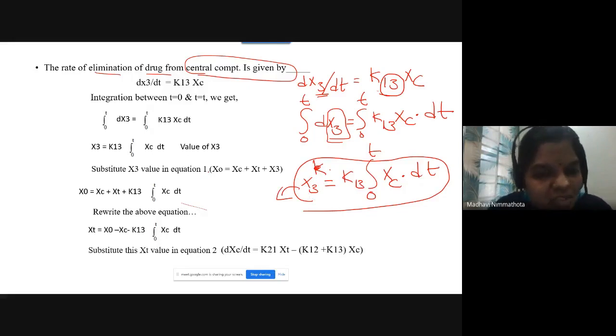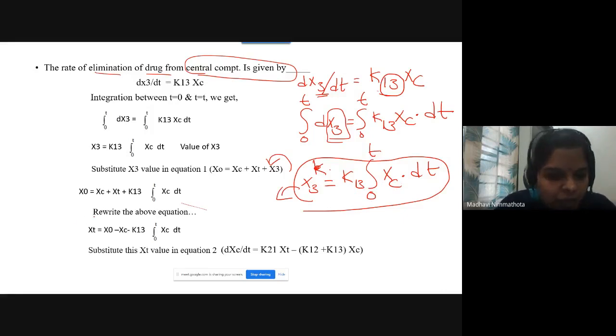What is the first equation? X0 equals XC plus XT plus X3. So you need to substitute this X3 value in this equation. Then you will get the equation like this. X0 equals XC, XT, and instead of X3, K13 integral 0 to t XC dt.